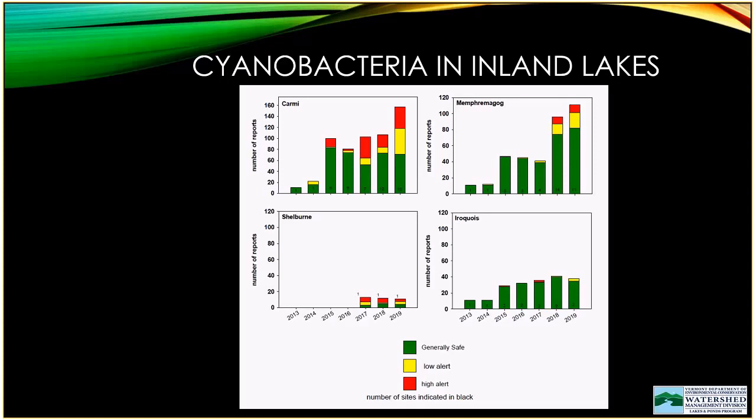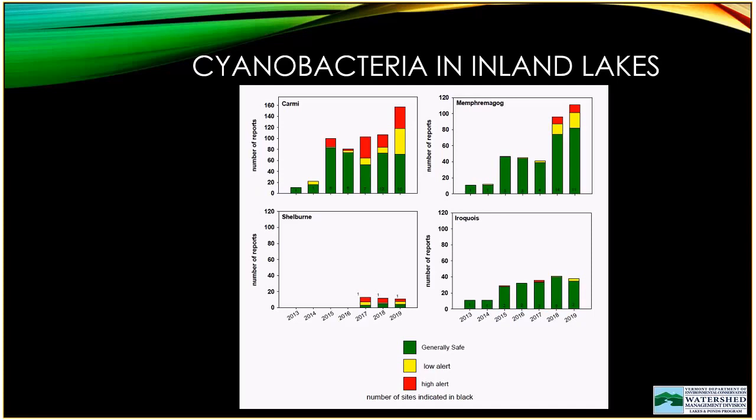Lake Memphremagog also has cyanobacteria blooms, perhaps not at the same frequency that you see on Lake Carmi in any given year. Shelburne Pond is another location where cyanobacteria blooms are observed frequently. Lake Iroquois is one where we see cyanobacteria blooms occasionally.